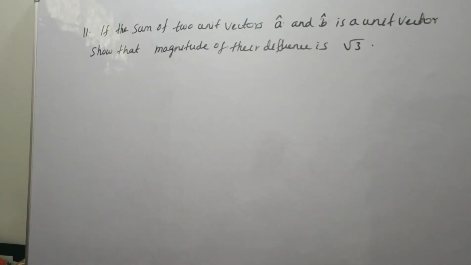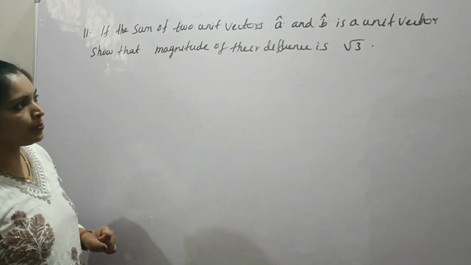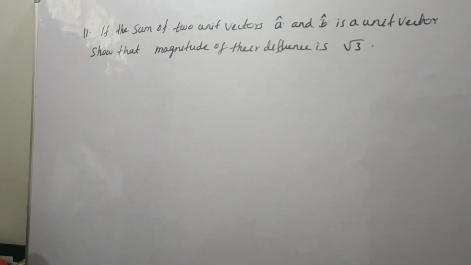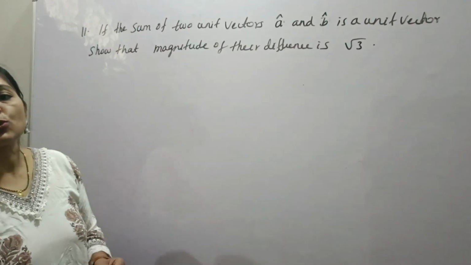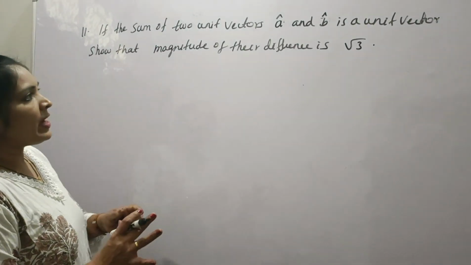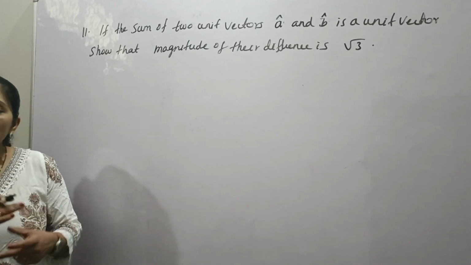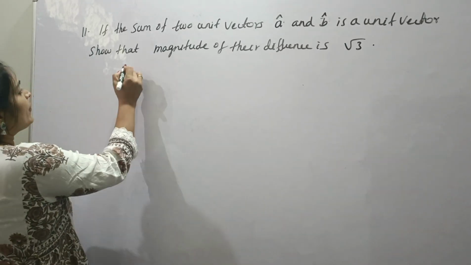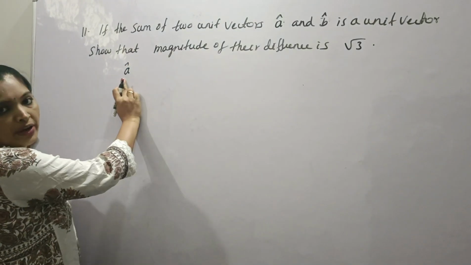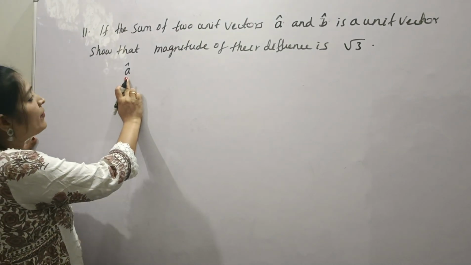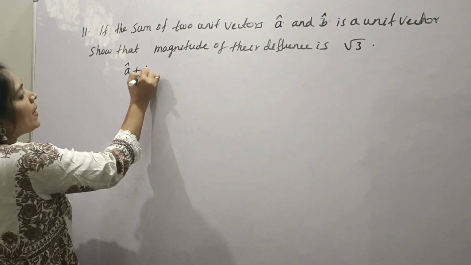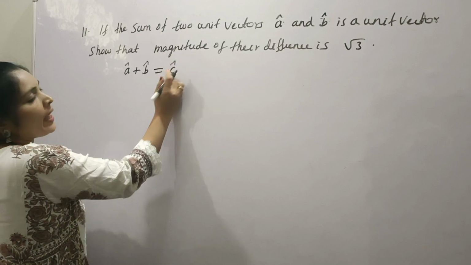If the sum of two unit vectors, vector A and vector B, is a unit vector, show that magnitude of their difference is root 3. Here it is given vector A and vector B are unit vectors and their sum is also a unit vector. Okay. So here we can write A cap plus B cap is equal to C cap.